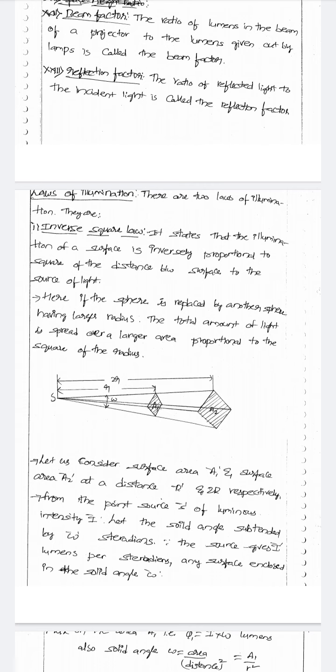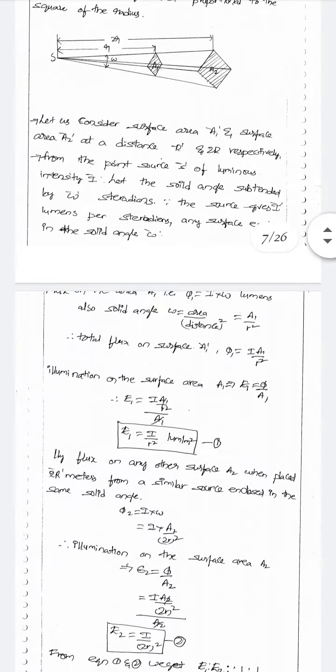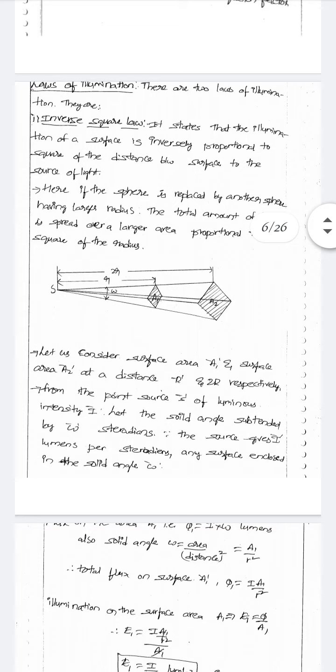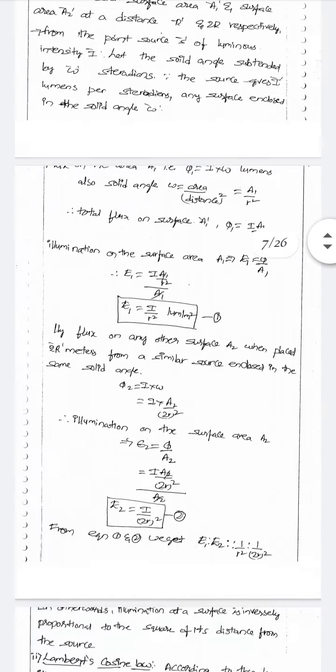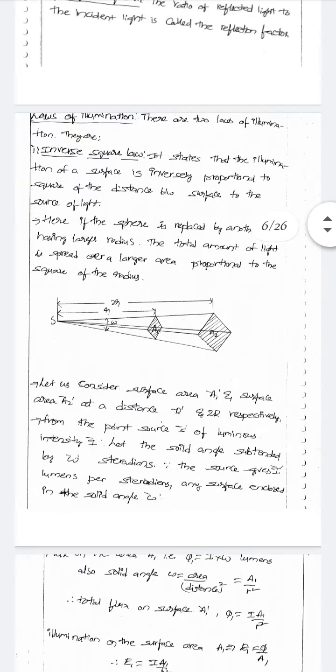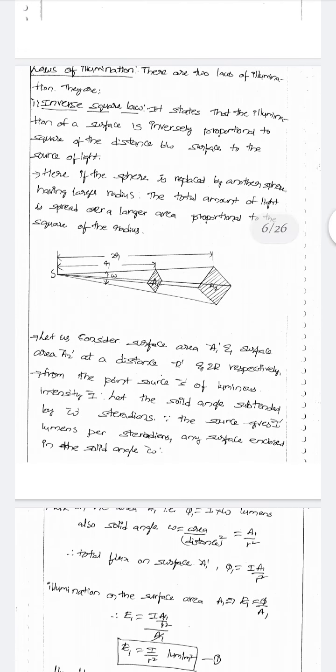There are two laws of illumination. The first one is the inverse square law, and the second one is Lambert's cosine law. Very important. Now we'll see them one by one.